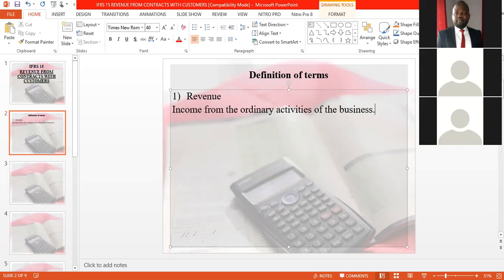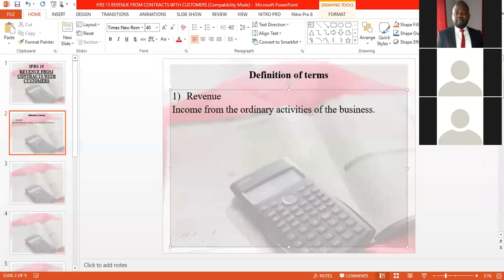Remember, we had defined income. You should know what income is from the previous chapters. From chapter 1, we had defined what income is, so I don't need to redefine income. So what is revenue? Revenue is income from the ordinary activities of the business.